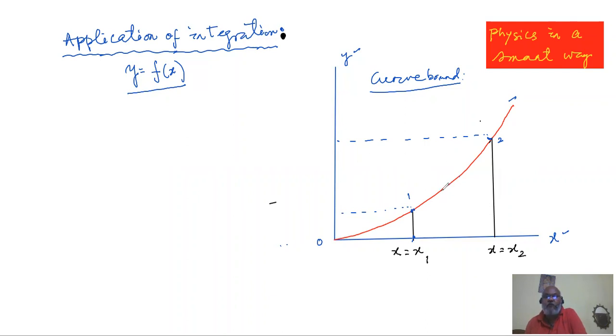So if we try to find the area that is present here, the process, as the integration dictates, is that you consider any point on the curve, any point as you like, an arbitrary point. That point must have its own x and y.